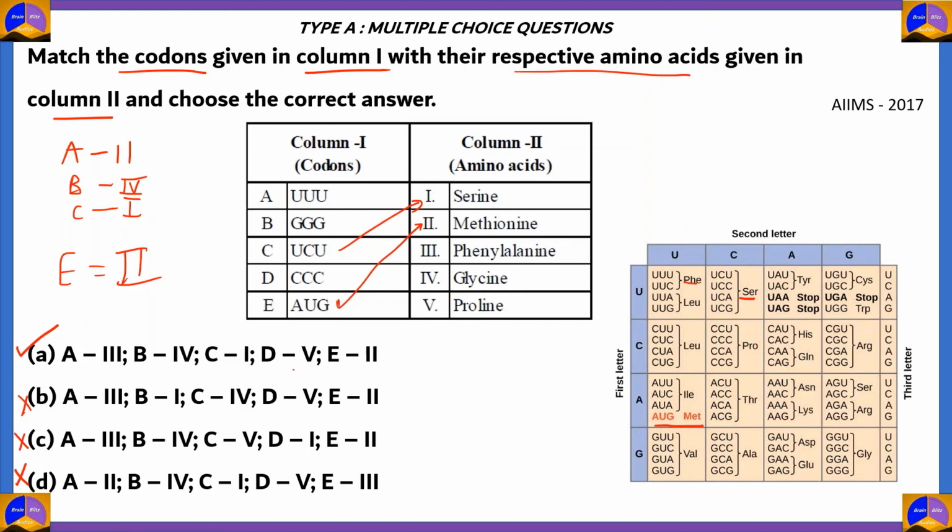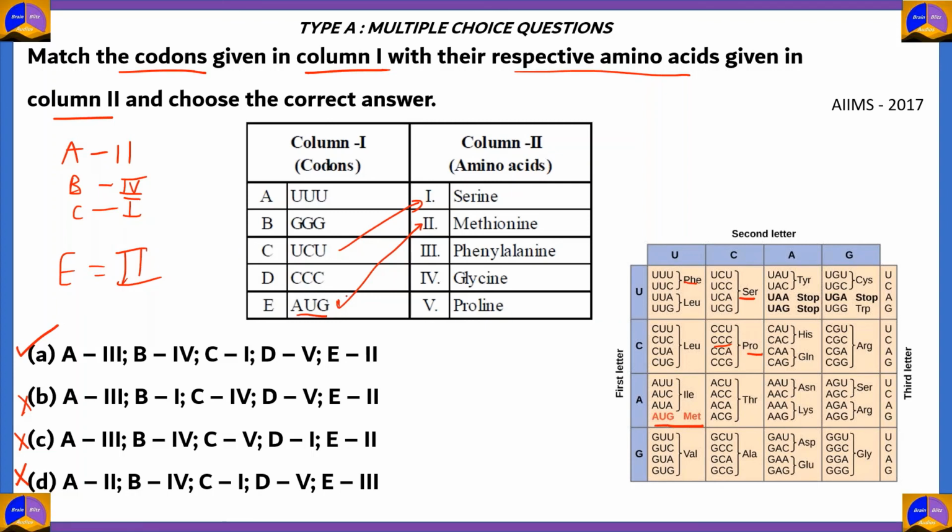Just to clarify, let's look at D. CCC codes for proline. As you can see, CCC codes for proline. And that's how you match codons with their respective amino acids. Let's look at the simple ones. What we did first is we found out the only codon here which does not share coding with another amino acid.